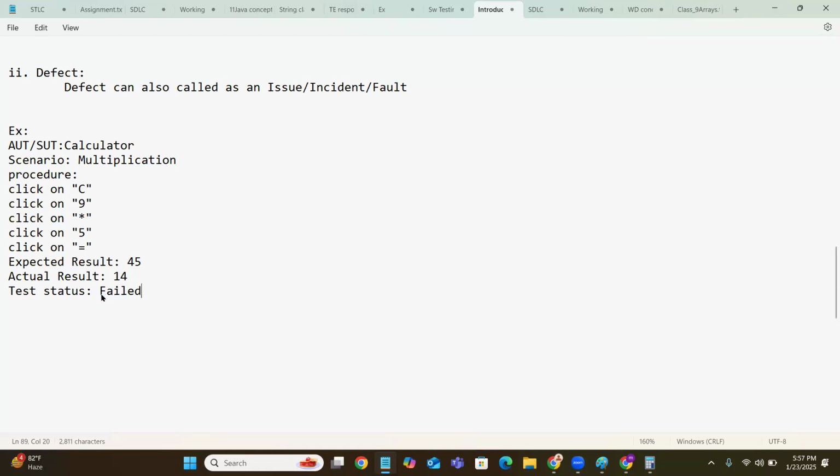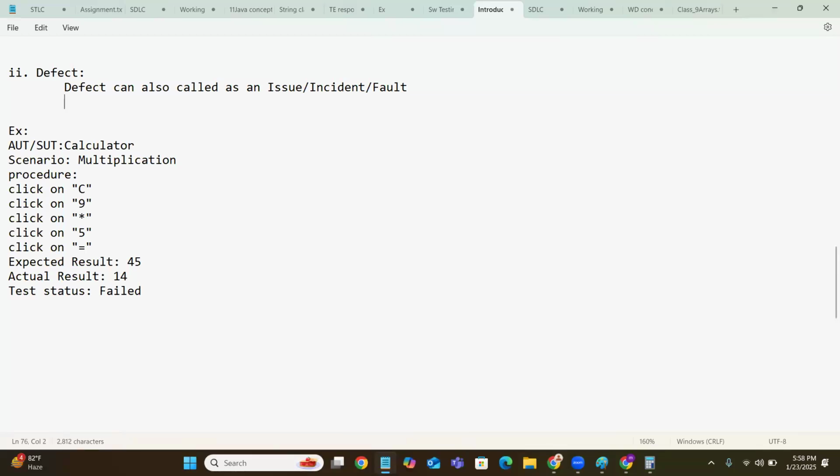Failed. Okay. Why is it failed? Because expected and actual are not matching. That's why it is failed. So that is the vocabulary we have to use.